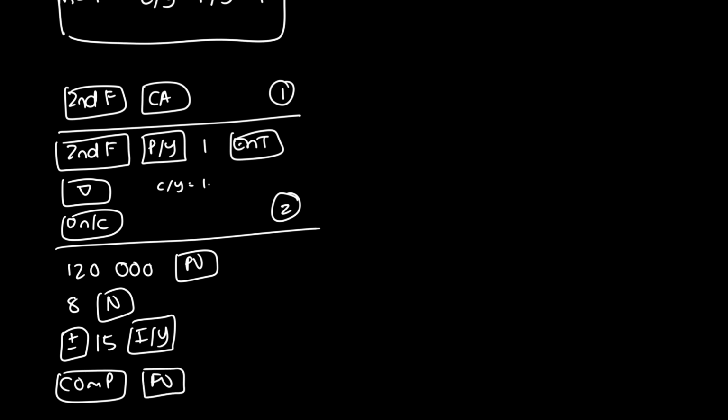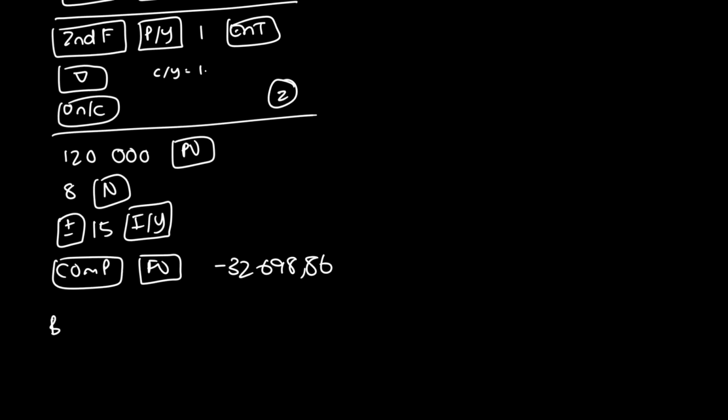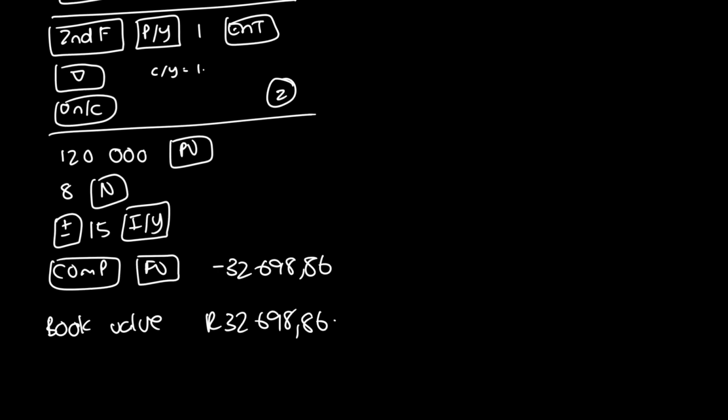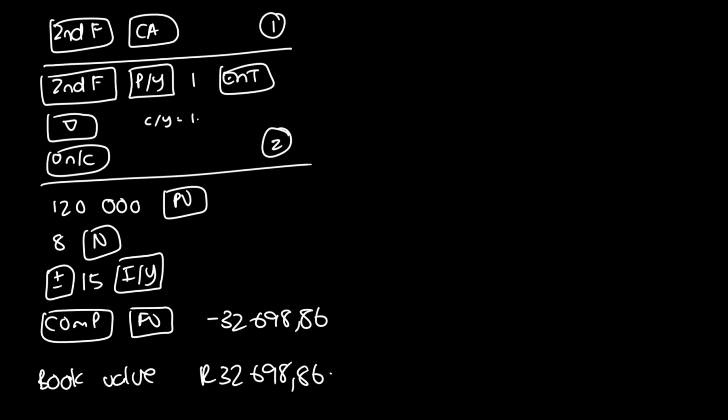And when we do this, the value is going to come up as negative. It's going to come up as minus 32,698.86. But again, our book value here is going to be just the actual value, 32,698.86.